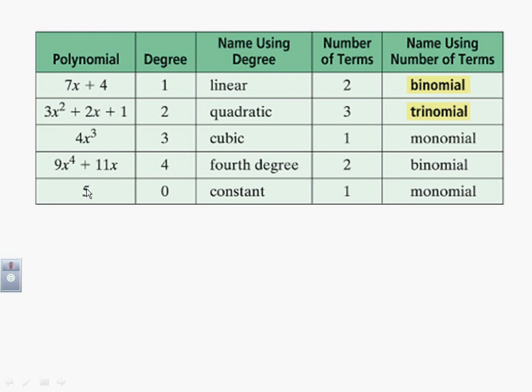So this is degree 0, a constant term, and it's a monomial. So this would be a 0 degree monomial. This is a 4th degree binomial. This is a 3rd degree monomial, and so on and so forth. We'll get some practice coming up here in a second.